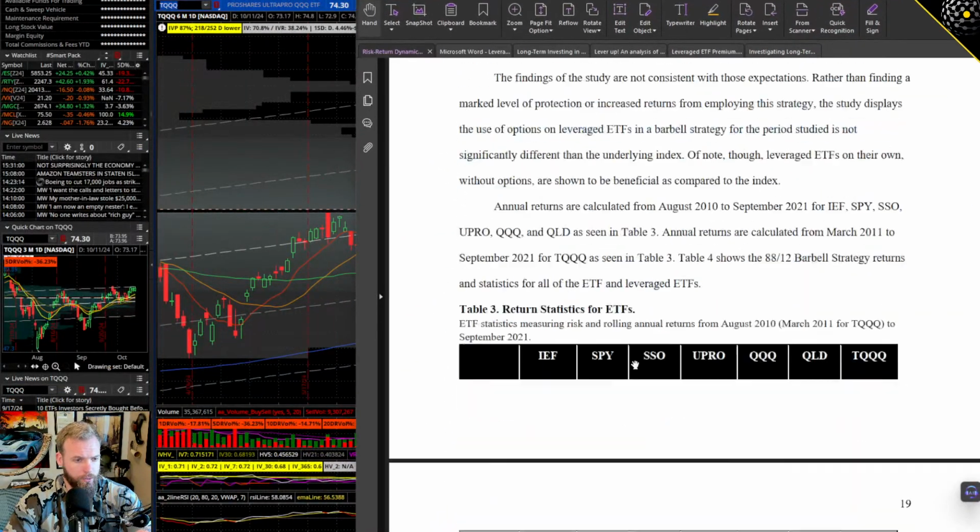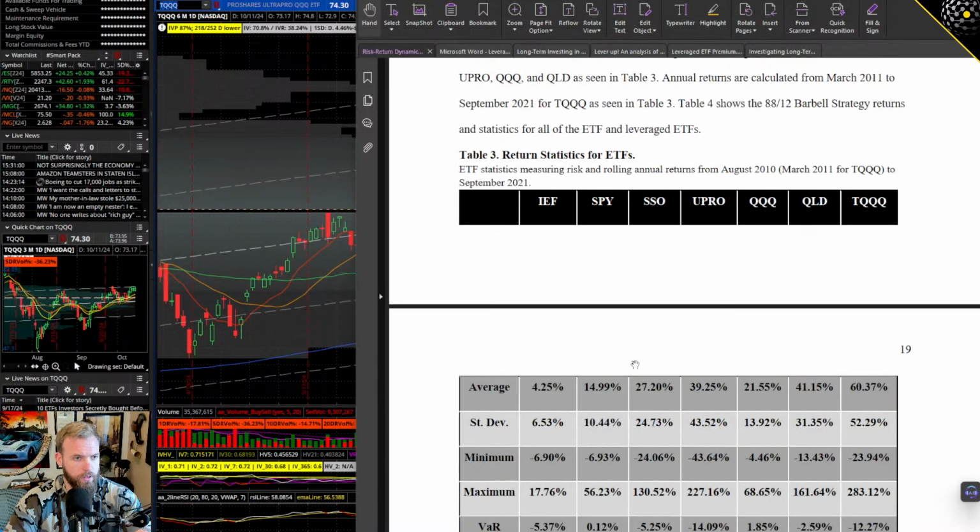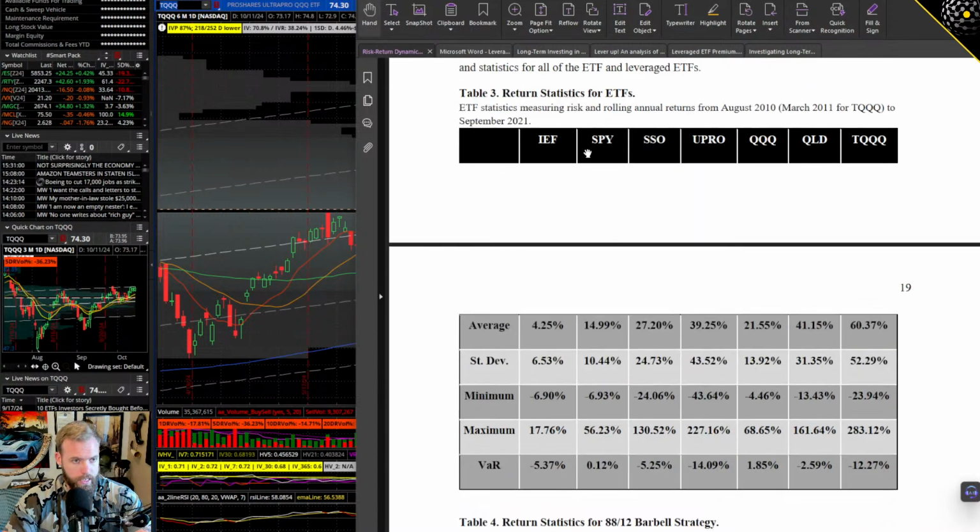All right, back through this study. Let's see what they found. This is terribly annoying that this couldn't be on the same page. My OCD literally hates that. But let's see. So about 10% more standard deviation in Qs.